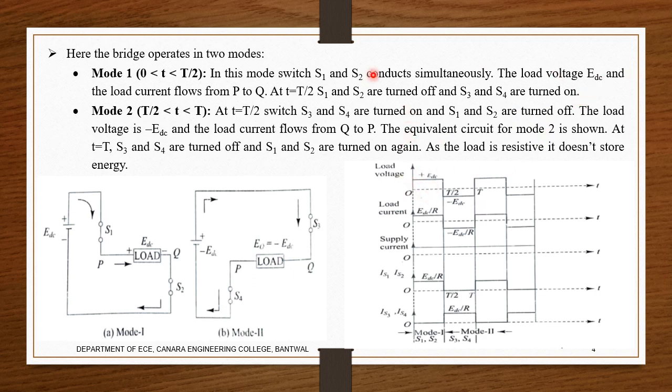The load voltage is EDC, and the load current flows from P to Q. At t equals T by 2, S1 and S2 are off and S3 and S4 are turned on. The load is now connected like this: the plus is connected to S3 and this one is connected here.